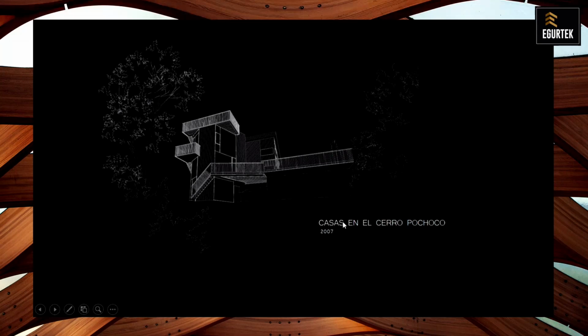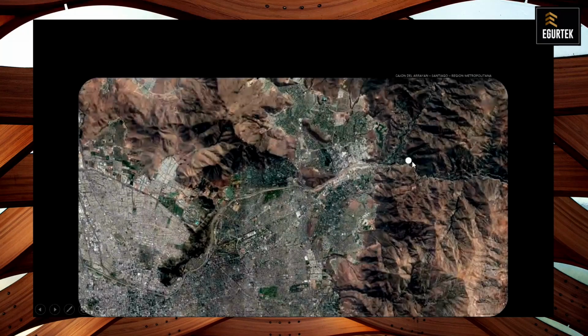In 2007, I was commissioned to work on a house from '86, this house in the back, which is also on a slope. And it's located, well, this is the Mapocho River, the central river in Santiago.